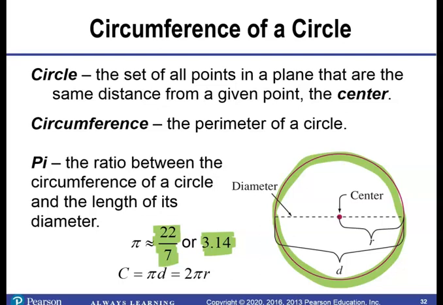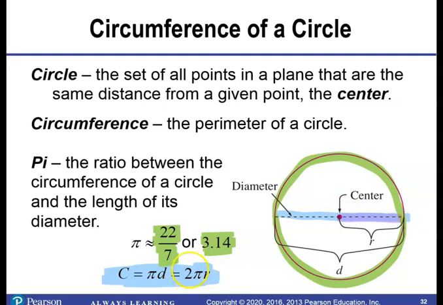Okay, now, we have a formula here for circumference. Circumference is pi d, or 2 pi r. Now why would they be the same? Now remember what d is. D is the diameter, so it's the distance all the way across, whereas r is the radius. Here's my purple. Okay, r is the radius, and that is just halfway across.